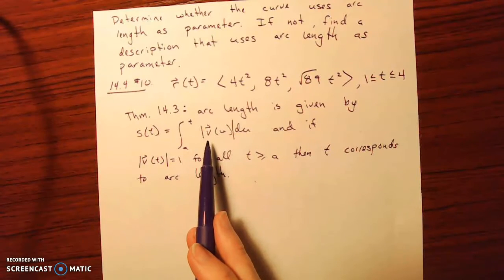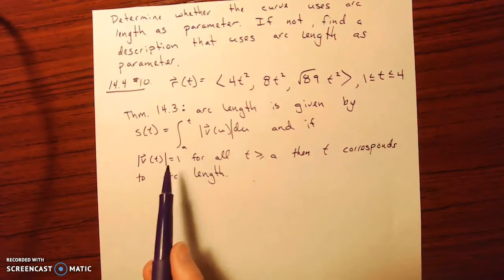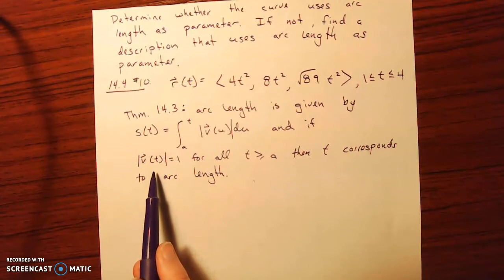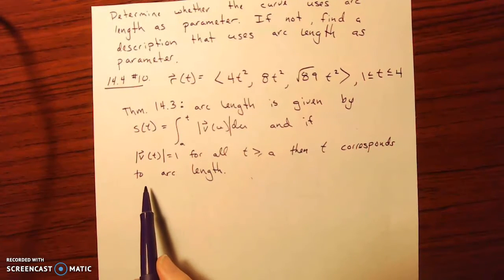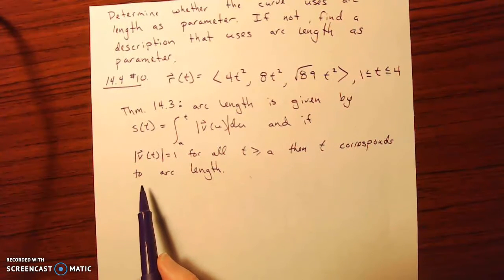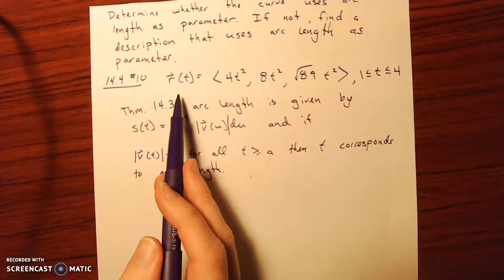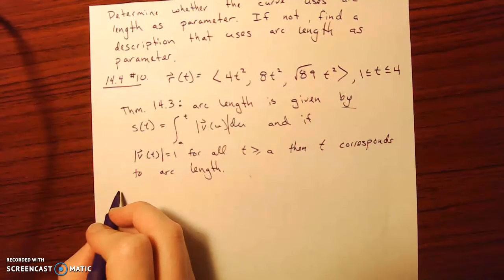And of course, we're using v here as the derivative of r. Also in that theorem, if the magnitude of v equals 1 for all t greater than or equal to a, then t would correspond to the arc length. So the parameter t would be the same as the arc length there. So if the magnitude of v equals 1 for t between 1 and 4, then we would be done. But let's see what happens.